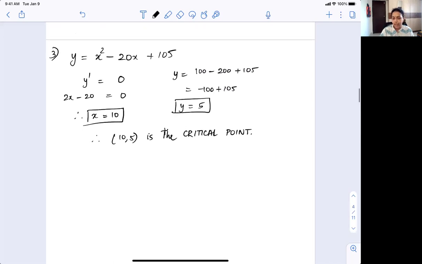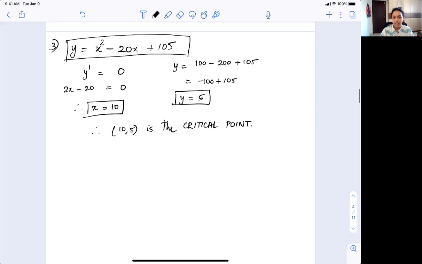You must be starting to guess if this point is a maximum or minimum because of the shape of this parabola. Maybe pause this video for a second, think about the shape of this parabola, maybe plot it out, and then try and get a sense of whether 10, 5 is going to be a maximum or a minimum. Now let's go ahead and compute the second derivative. So the first derivative is just 2x minus 20, and the second derivative is just 2.